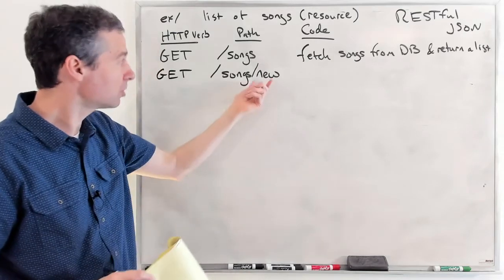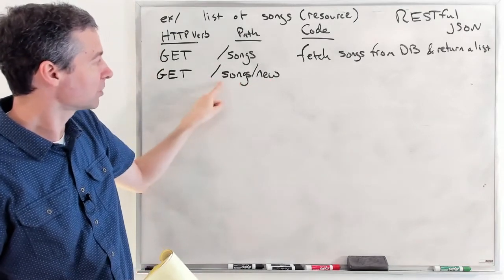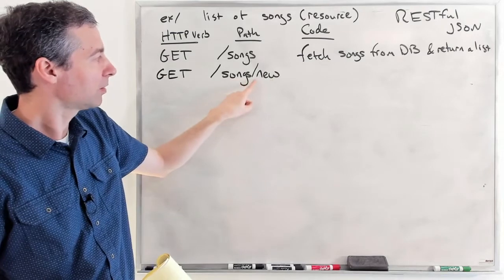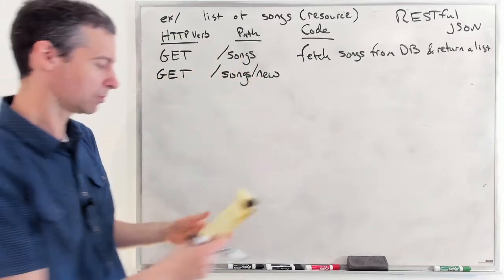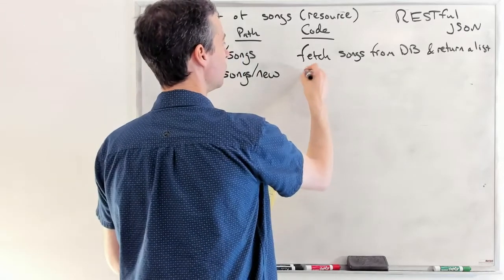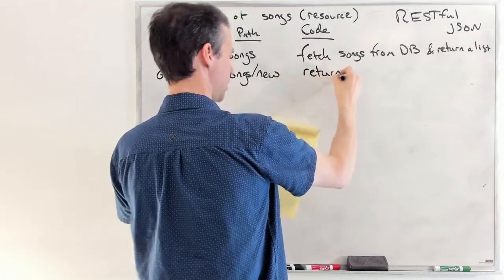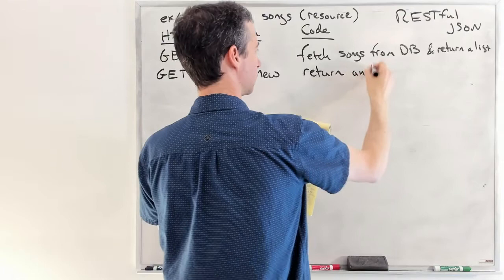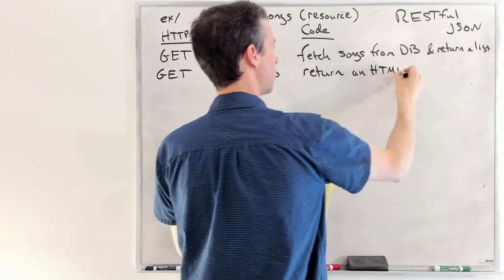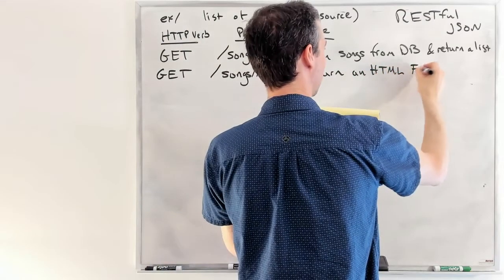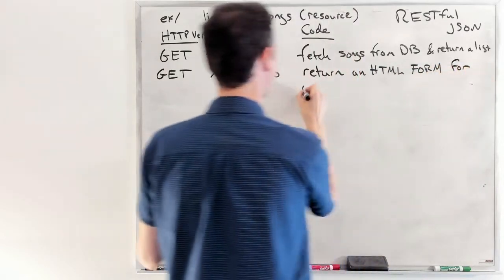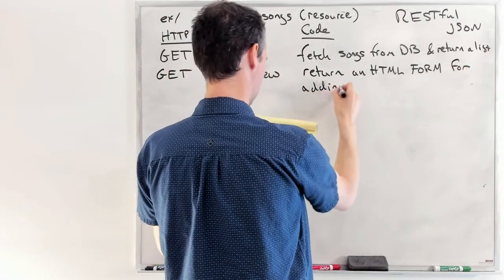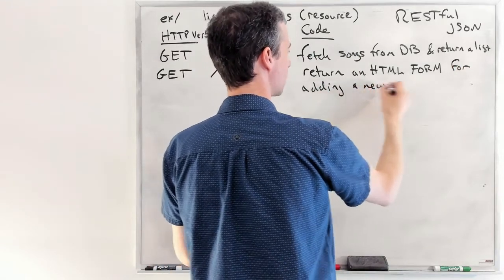And so you should have something that's your resource name, songs, and then /new. When you get this with a get, the idea is for you to return an HTML form. So this is some web page that has an HTML form on it for adding a new song to the database.